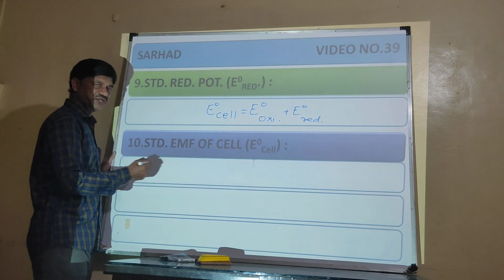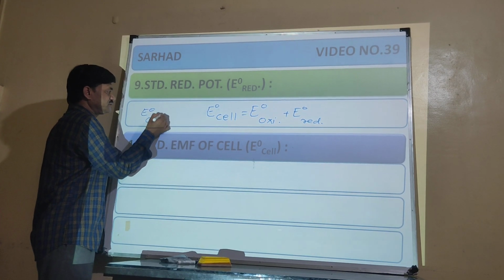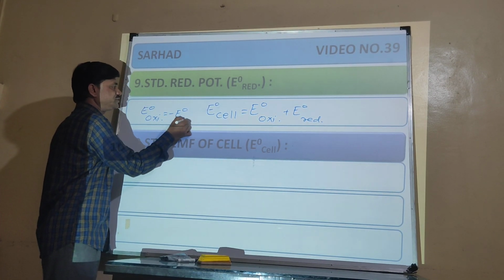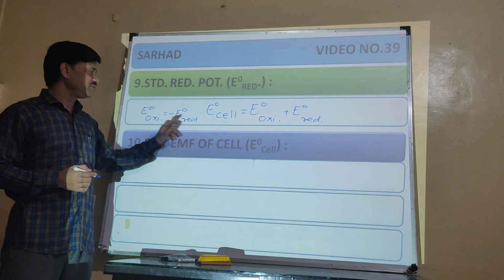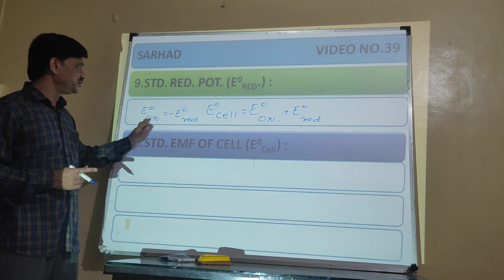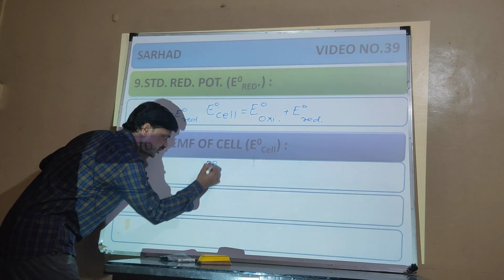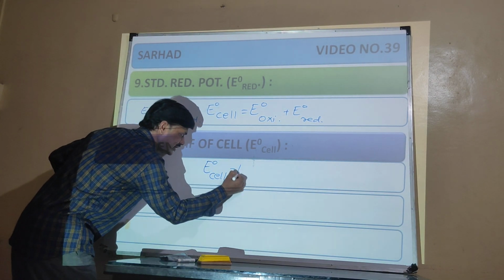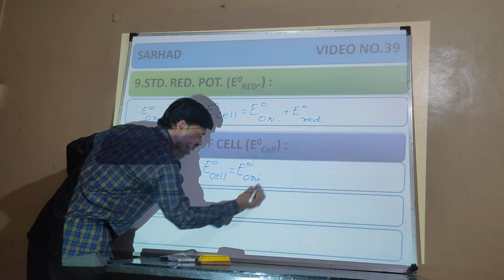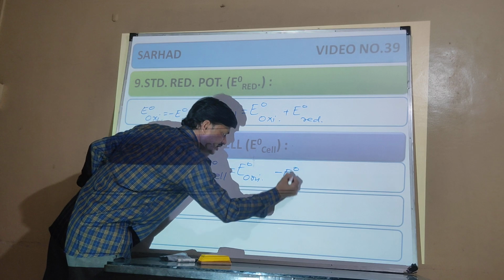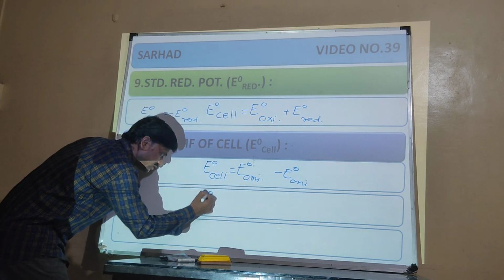But as per this condition, E0 oxidation equals minus E0 reduction. Means the magnitude remains the same, only the sign changes. So by using this condition, standard EMF of the cell can be calculated as E0 oxidation left hand side minus E0 oxidation right hand side. What about another one?